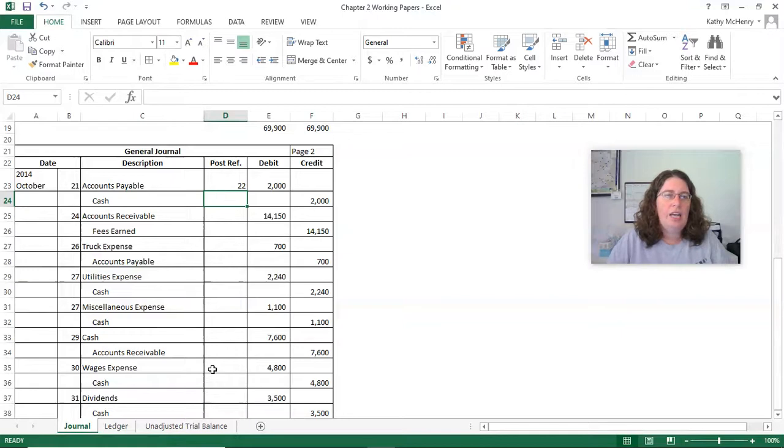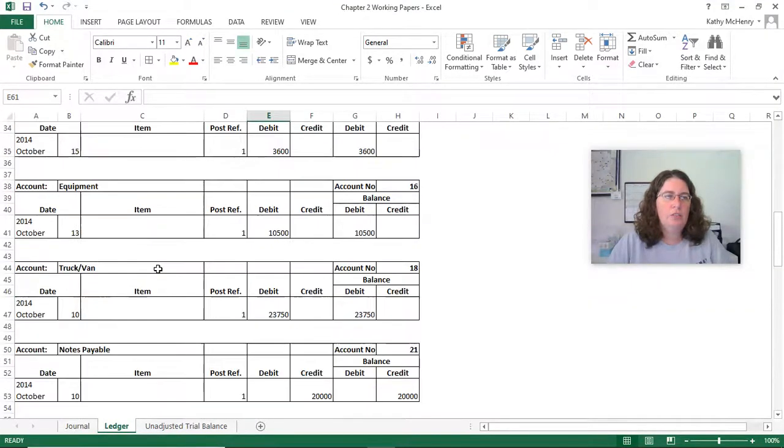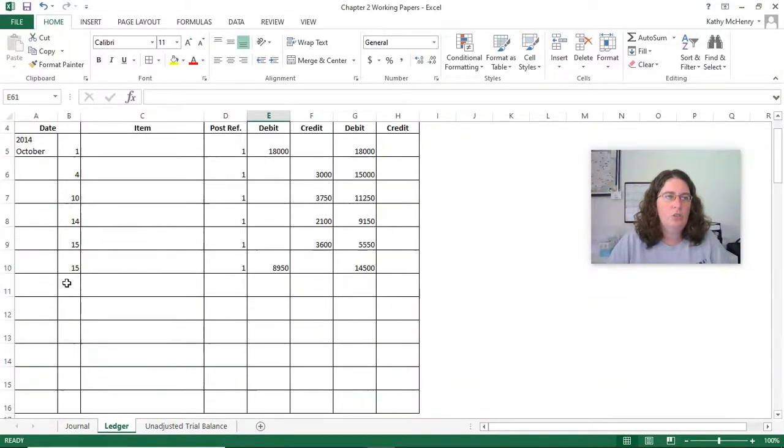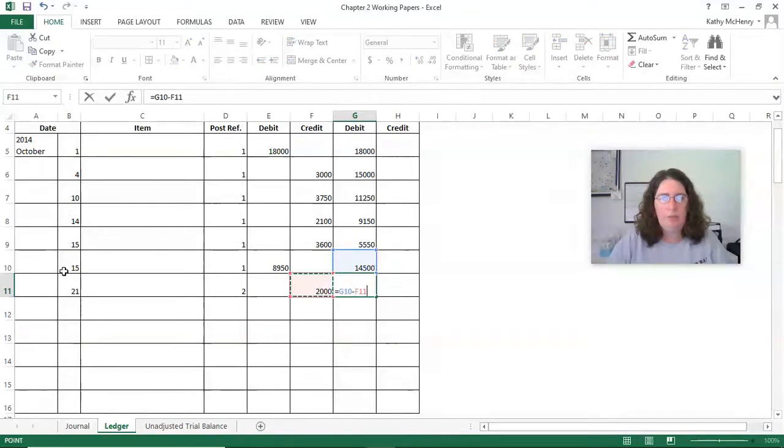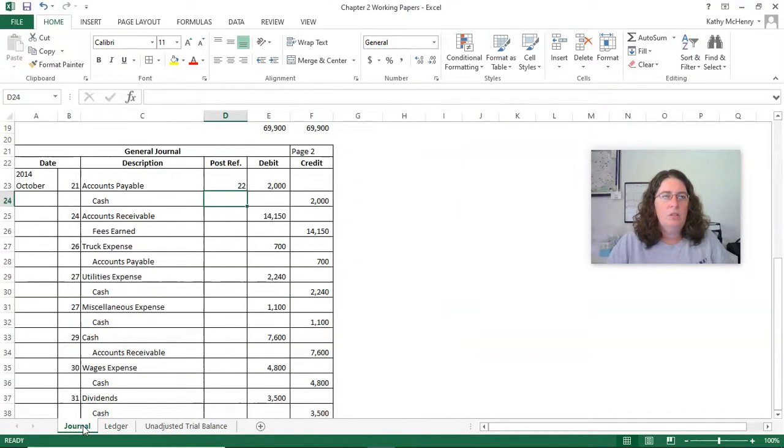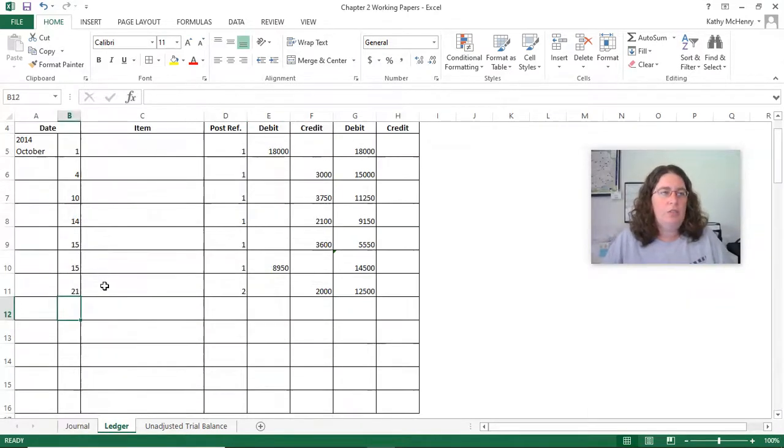Okay, a credit to cash of 2,000 on the 21st. Page 2, credit of 2,000, and again, we're going to subtract because we have a debit balance and we're subtracting that 2,000. Taking that 11 back to my journal. On the 24th, a debit of 14,150 to accounts receivable.